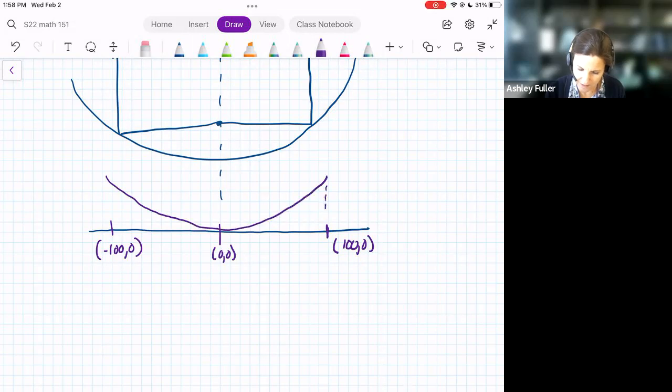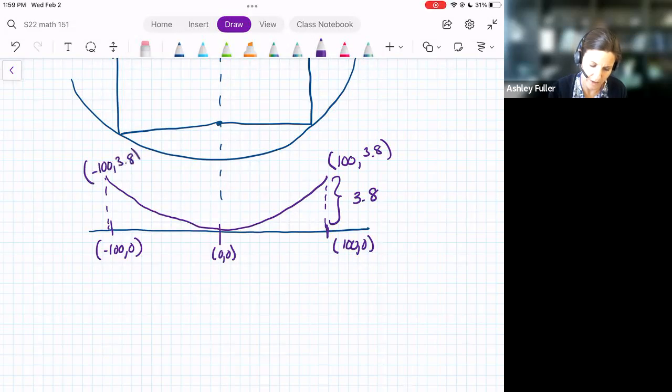So we have something that looks a little bit like this, and as you can see, it is a parabola. Now, the difference between 26.8 and 23 is 3.8 inches, giving us the points 100, 3.8 and -100, 3.8.